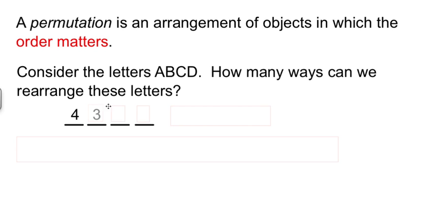We have 3 letters left. Then how many? 2. And then how many? 1. So we have 4 possibilities first, times 3, times 2, times 1. Gives us 24 possible arrangements.